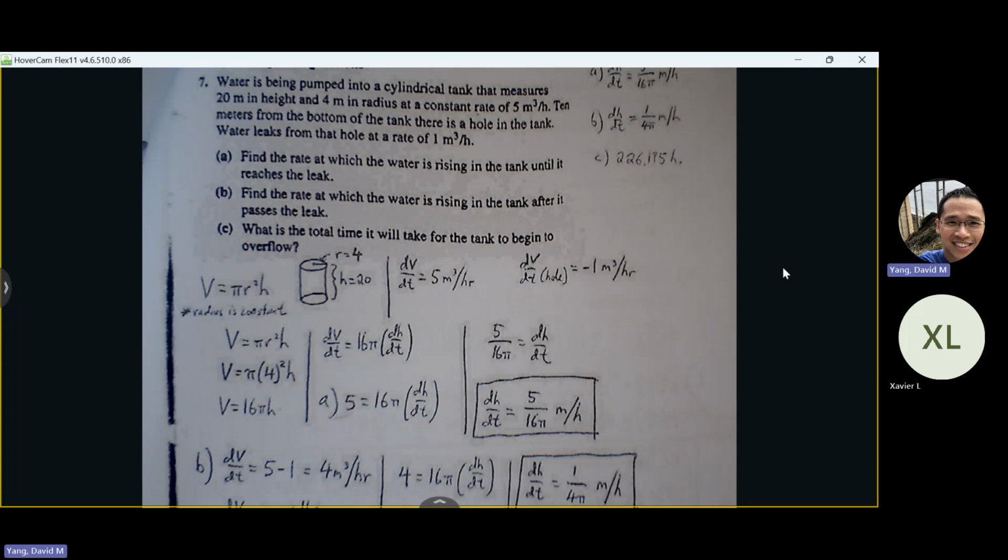Find the rate at which the water is rising in the tank until it reaches the leak.